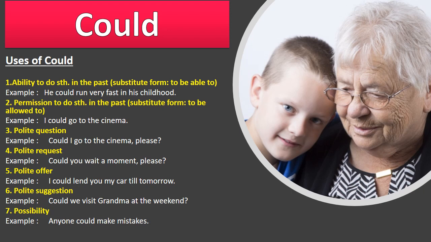Polite offer. I could lend you my car till tomorrow. Polite suggestion. Could we visit grandma at the weekend? Possibility. Anyone could make mistakes. So students, these are the uses of could.